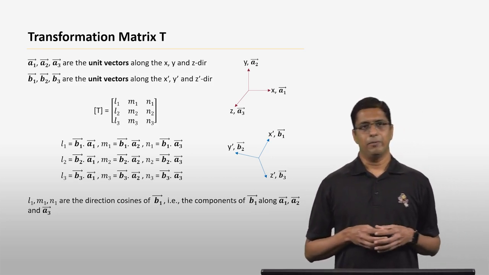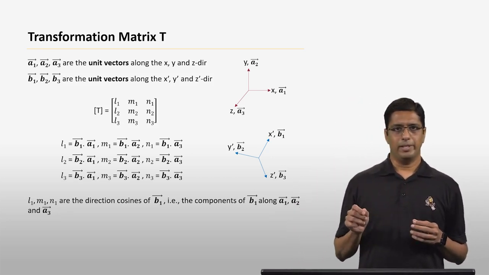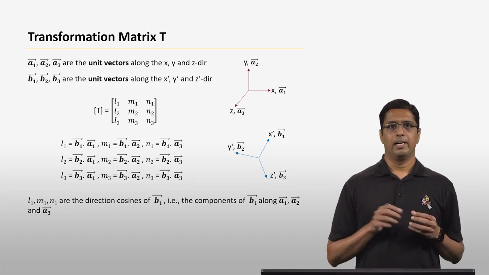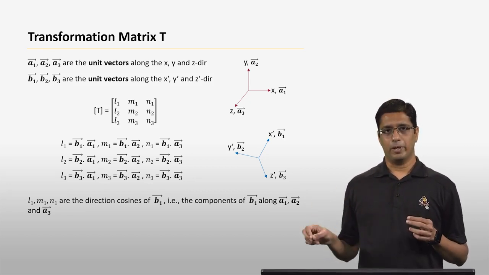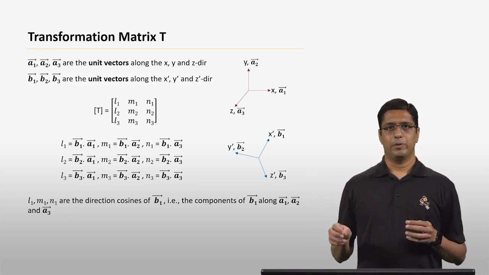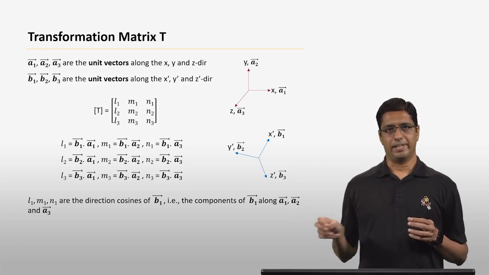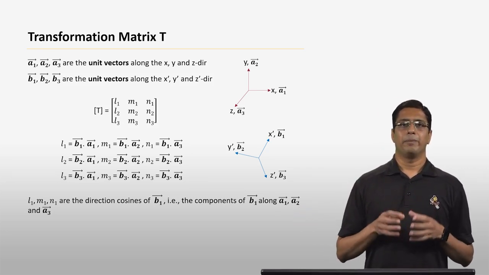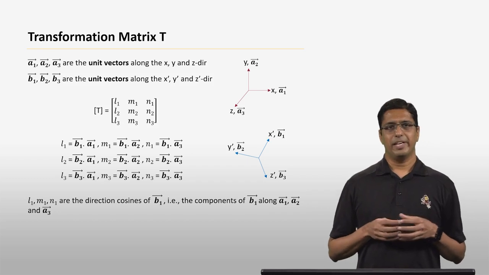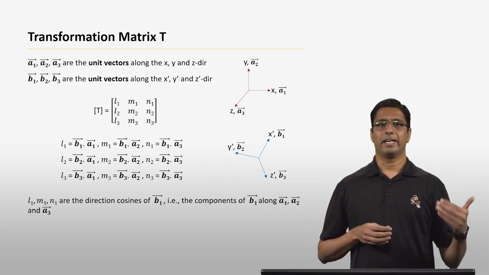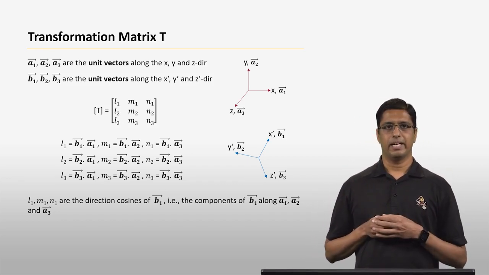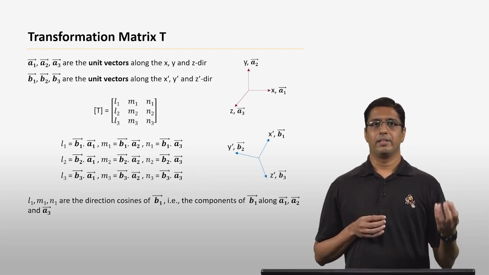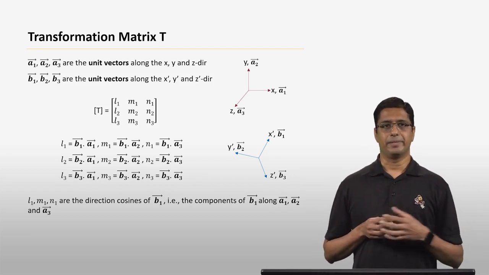So L1 is B1 dot A1, and M1 is B1 dot A2, and N1 is B1 dot A3. So if you look at L1, M1, and N1, what you see is that B1 is common to all 3 of them. Okay? But the unit vectors that you take the dot product with are changing.